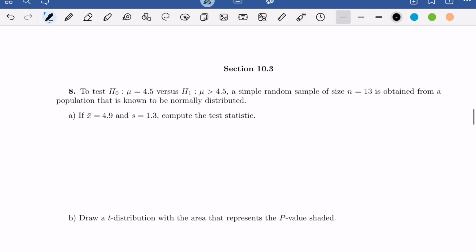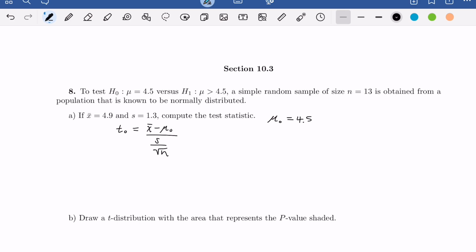So we know that the test statistic, denoted as t naught, is given by this formula here. So what we can do is plug in our known values. And in this case, since we're assuming the null hypothesis to be true, this mu naught is going to be 4.5.